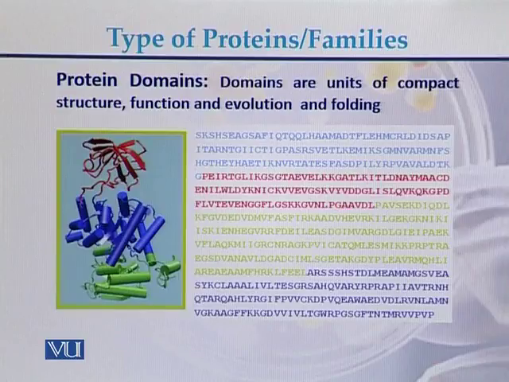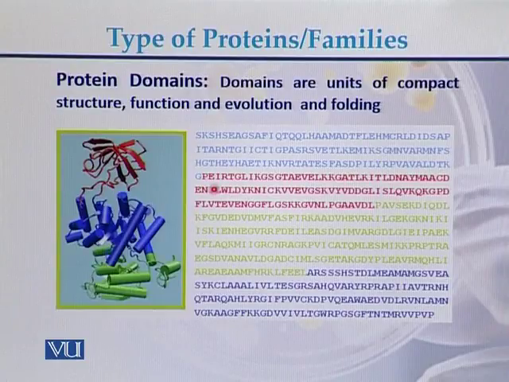Proteins are made up of different domains. A linear sequence of amino acids forms the domains. This sequence of amino acids in red color forms one of the domains of the protein. This is the second part of the sequence of the protein, which forms the green domain, and this is the third and last part of the sequence of amino acids, which forms another domain.